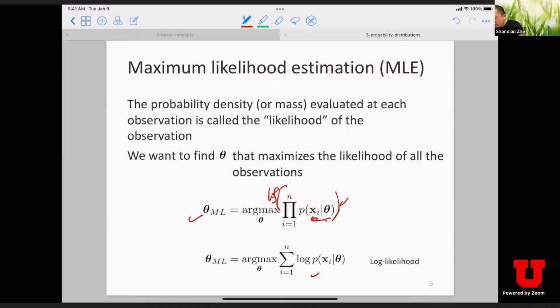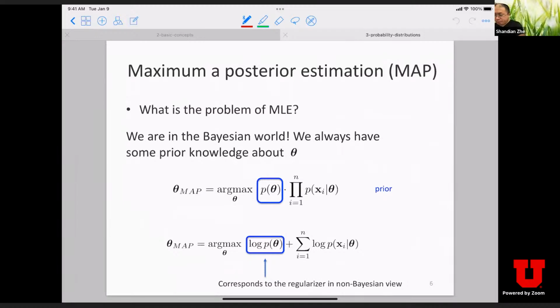But when you take a logarithm, your product becomes a summation, and inside the summation is the log likelihood of each observation xi given your parameter theta. And usually it will be much easier to calculate and optimize. So this is called maximum likelihood estimation.